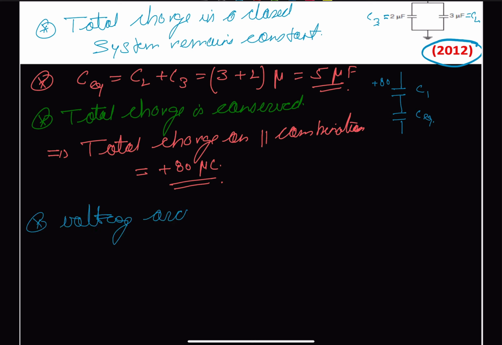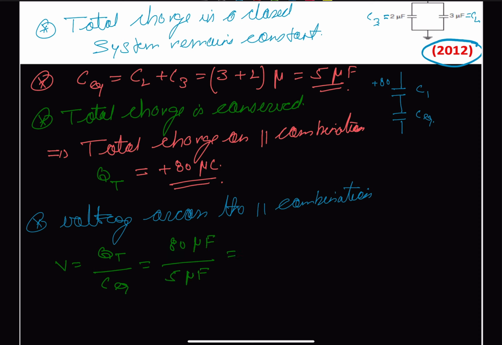Let us suppose that is V. V will be equal to the total charge QT divided by C equivalent, which is 80 microcoulomb divided by 5 microfarad, giving us 16 volts.